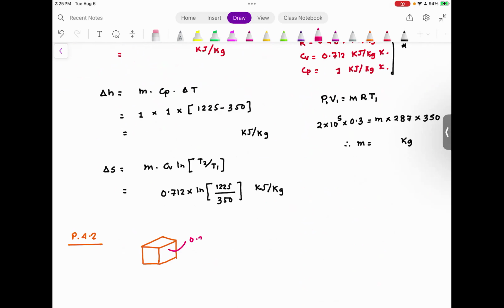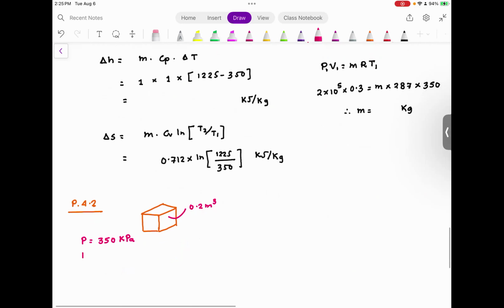It contains nitrogen at pressure P equal to 350 kilopascals and temperature T equal to 15 degrees C.